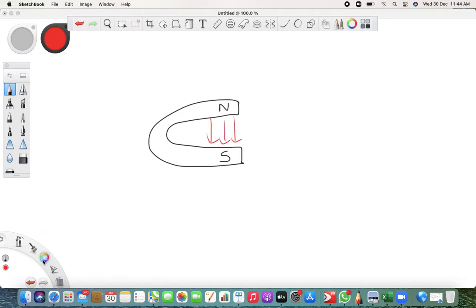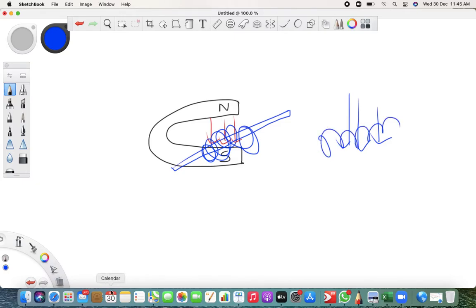Now if you put a current carrying wire inside this magnetic field, this wire also has a magnetic field around it. So there are two magnetic fields, one because of the permanent magnet and the other because of this current carrying wire. When these two magnetic fields interact with each other, there must be some attraction or repulsion.